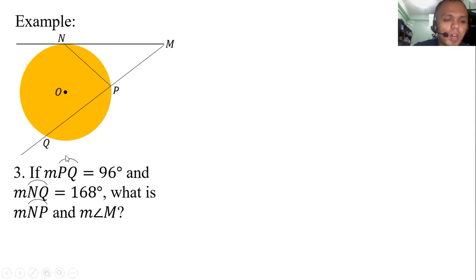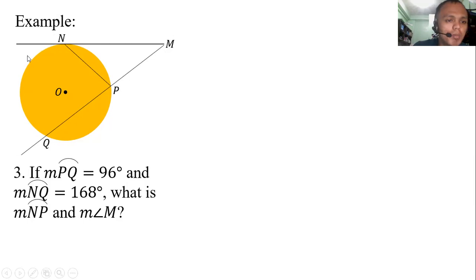If the measure of arc PQ is 96 degrees and the measure of arc NQ is 168 degrees, what are the measure of arc NP and the measure of angle M? So how can we find it? The first thing to do is find NP, because we cannot find the measure of angle M if the intercepted arcs of angle M are not complete. What are the intercepted arcs of angle M?